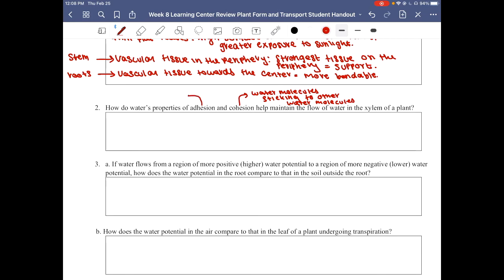And adhesion is usually water molecules being attracted to whatever it's in. So if it's in a water bottle container, it's the water that's attracted to the water bottle, and in the plant, it would be the xylem.